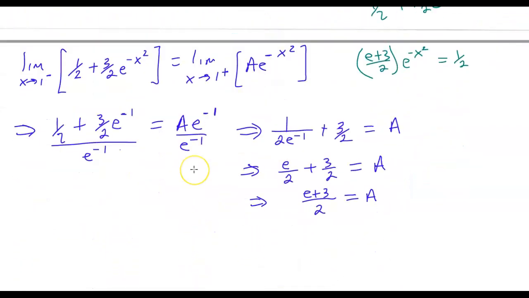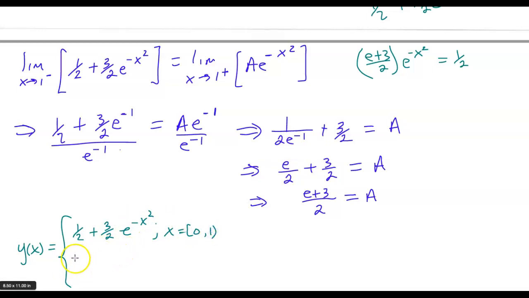So saying all that to say that our final answer here would be that we have y of x is equal to, and then of course this first piece would be 1/2 plus 3/2 e to the minus x squared, and this would be values of x between 0 and 1, excluding 1.